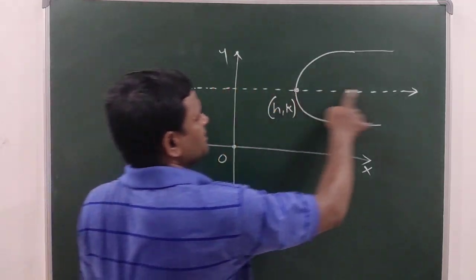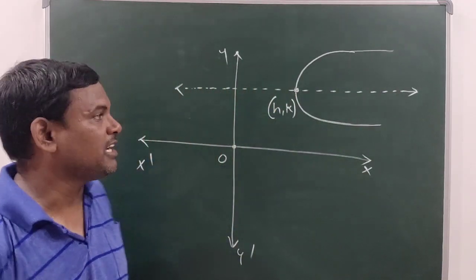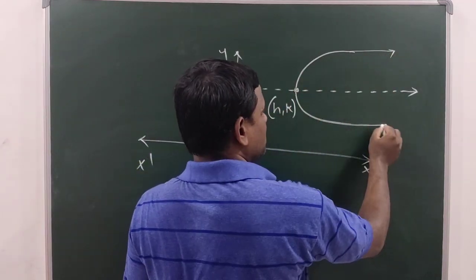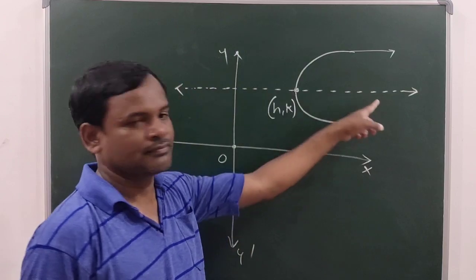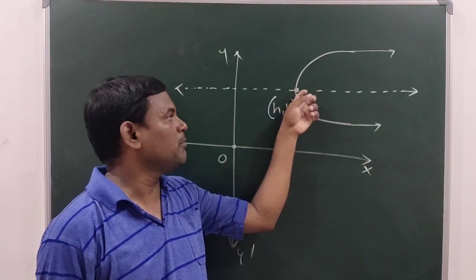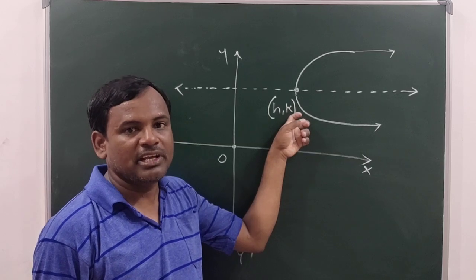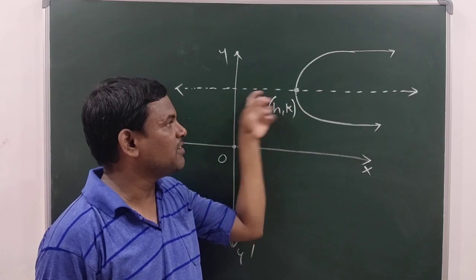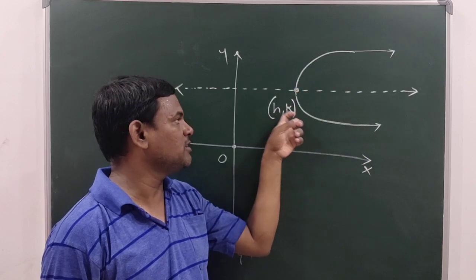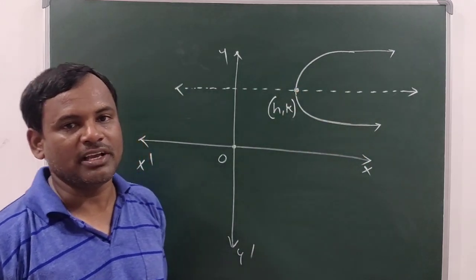Now, this is the axis. How is this axis of the parabola? Parallel to the x-axis. And here, I have considered the vertex of this parabola to be h comma k. You know the meaning of a vertex: the point of intersection of the axis and the parabola is known as the vertex. Here, I have taken the vertex coordinates as h comma k.